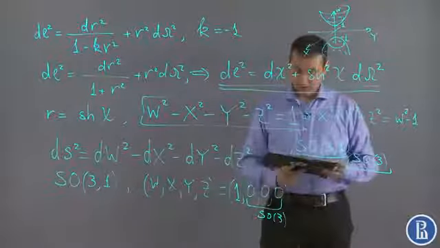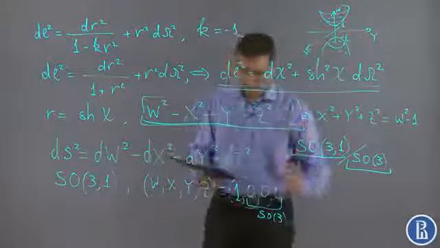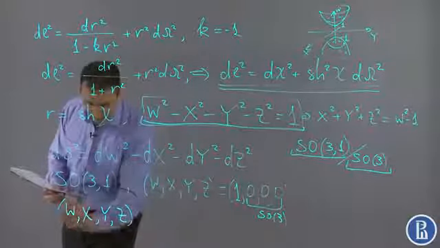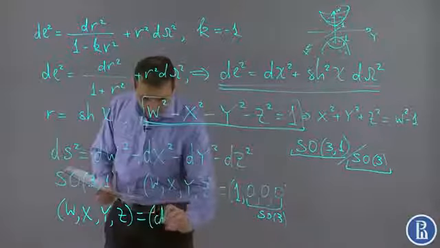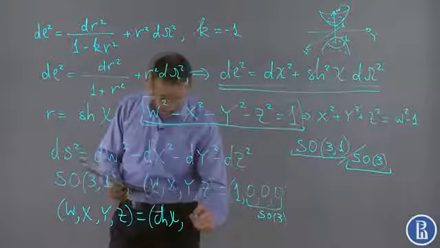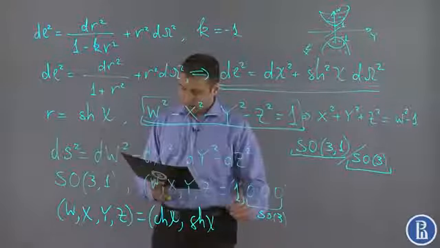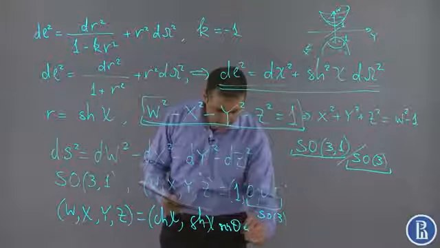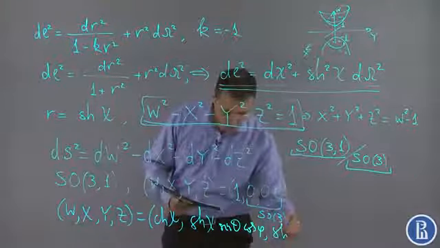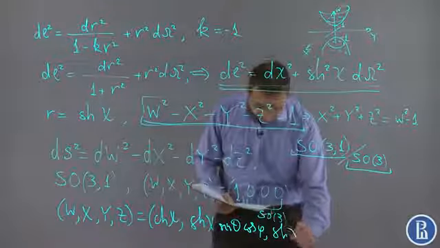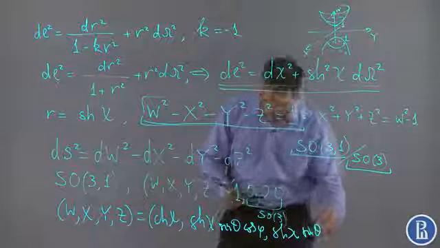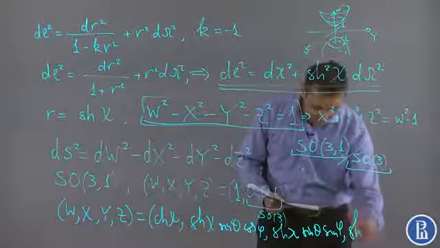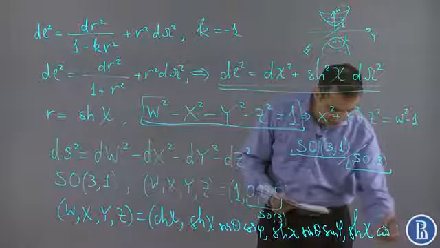And finally, if one solves this equation as follows: w, x, y, z equal to hyperbolic cosine of chi, hyperbolic sine of chi times sine of theta, ordinary sine, times cosine of phi, hyperbolic sine of chi times sine of theta times sine of phi, and finally hyperbolic sine of chi times ordinary cosine of theta.